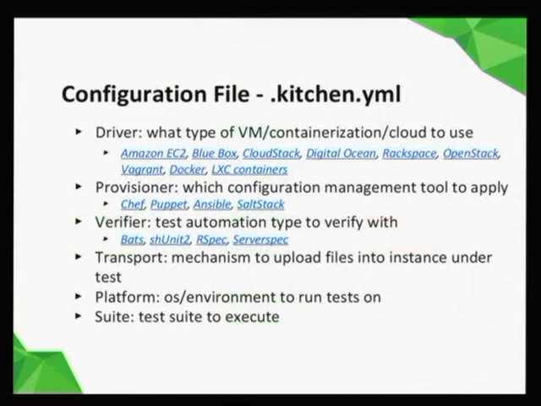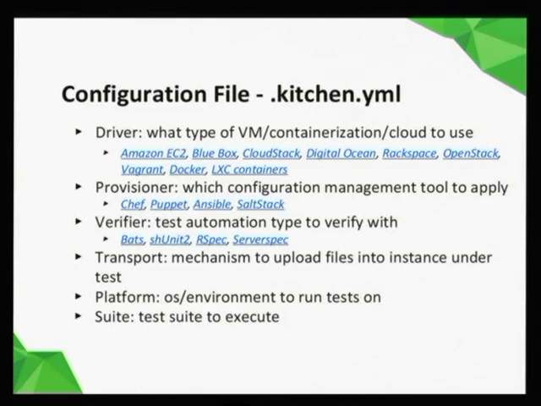You can configure Kitchen in a simple YAML configuration file, and these are the main points of this configuration. For driver creation, it has plenty of plugins, anything from Amazon to OpenStack private cloud and down to Docker. For the provisioner, the same approach.